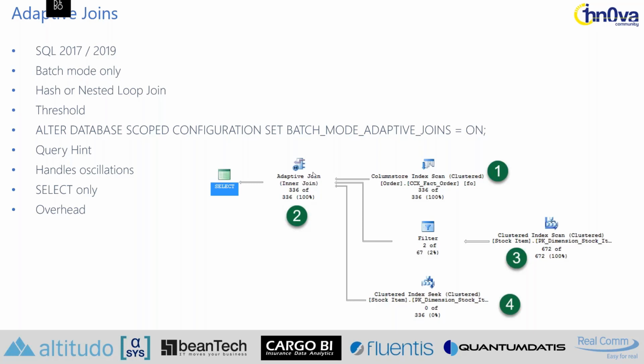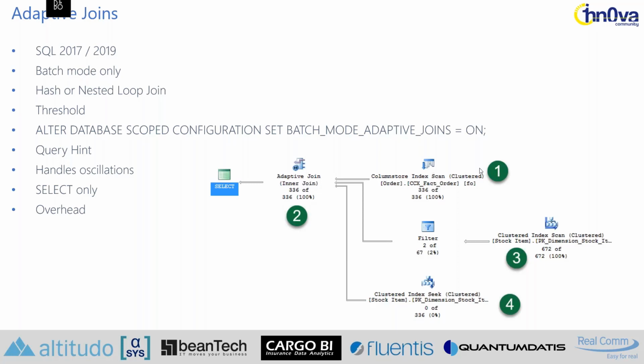And if that happens, then you can have an adaptive join that at runtime chooses whether to go to the hash match branch, or the nested loop branch, which is branch number 4. The decision is made based on the adaptive row threshold, which is calculated at compile time of the execution plan and stored with the adaptive join operator.